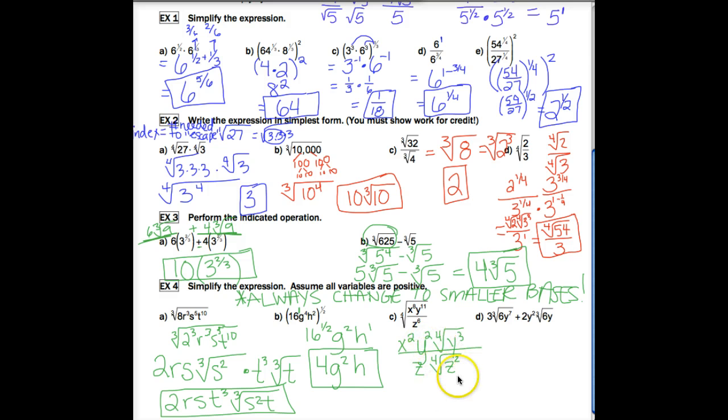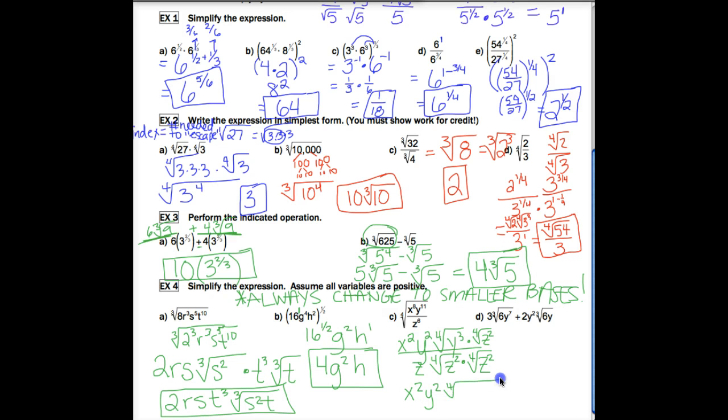Now, can't leave it like this. There's a radical in my denominator, so I need to fix that. So I'm going to multiply the top and bottom. Again, I need 4 to jailbreak. I have 2, so that means I need to multiply by 2 more. So on top then, I've got x squared, y squared.